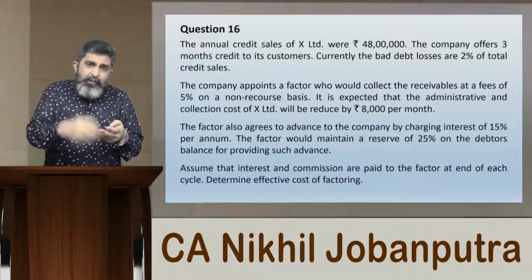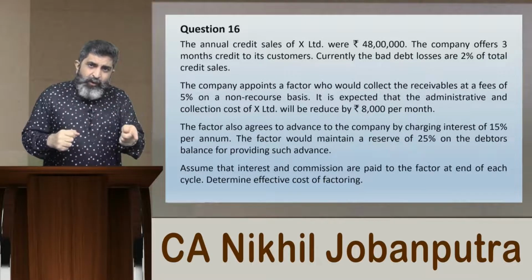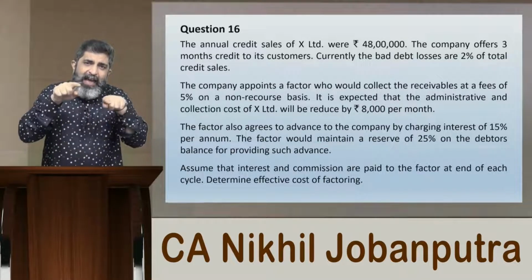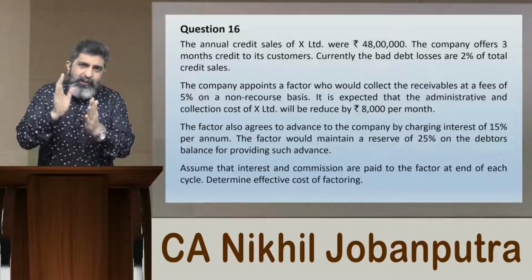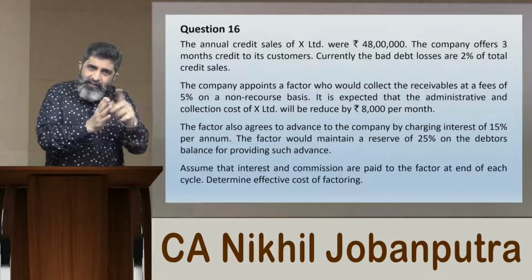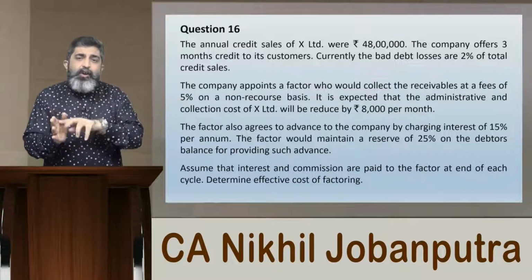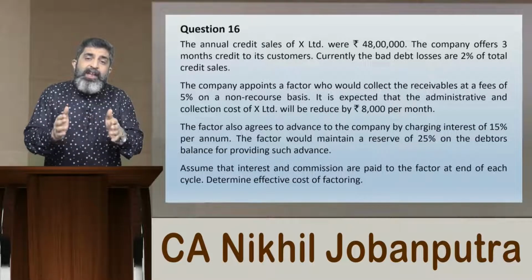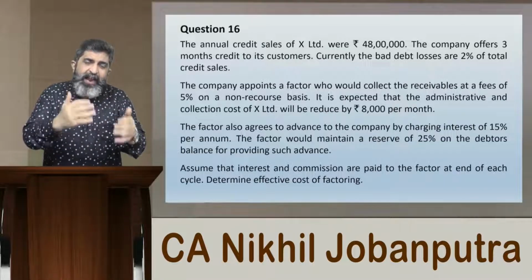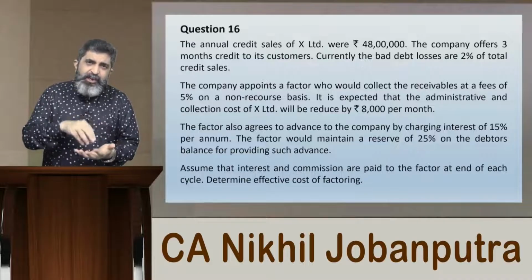And some kind of collection charges what the company was incurring earlier, the company will have savings in those collection charges also. So there will be one component of factor fees which is an outflow, another component of interest which is also an outflow. Then there will be some savings in bad debts and some savings in administration and collection cost.